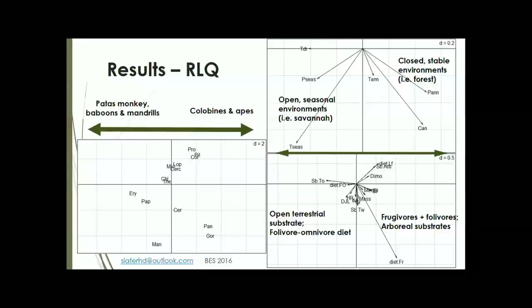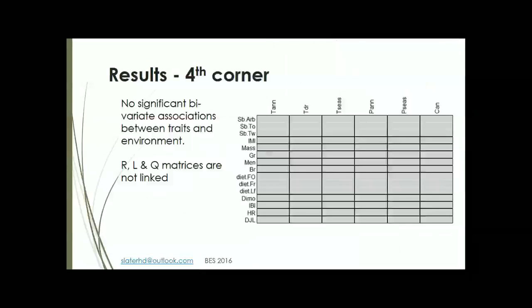So basically, these are all kind of matching up in the way that we would expect. So you've got the arboreal primates towards this side in the forest environments, which are associated with taller canopies and higher annual precipitation. And then you've got the terrestrial, more generalist primates, which are associated with more open seasonal environments, such as savanna, which makes sense. It's what we would expect.